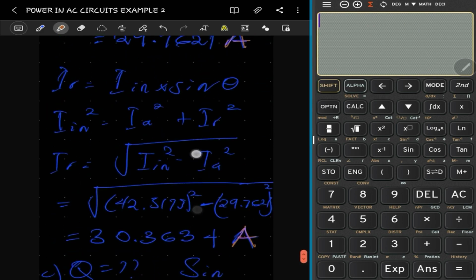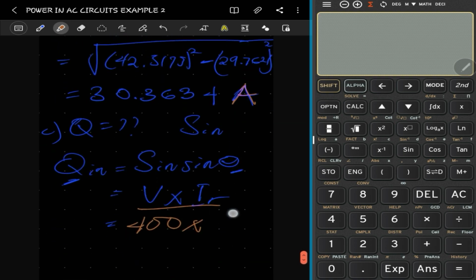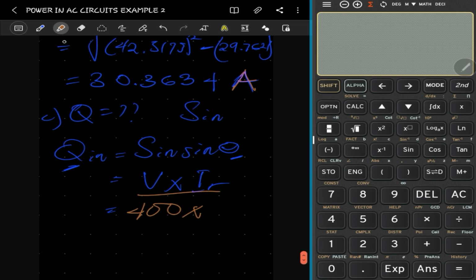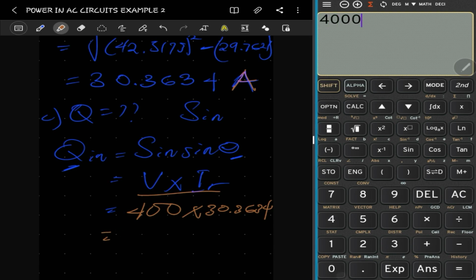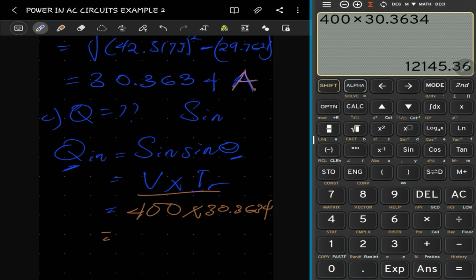And the input reactive current is 30.3634. So 400 times 30.3634 gives us 12145.36.